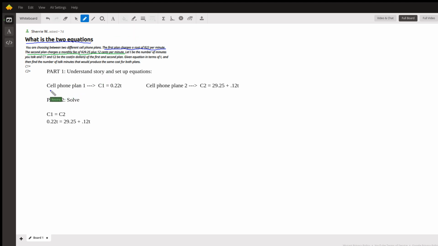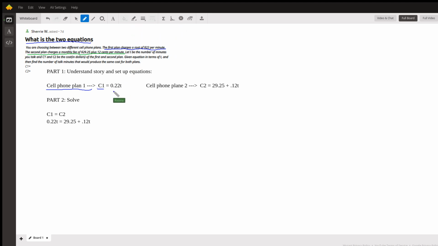So if we are looking at cell phone plan number one, we're going to call that C1. So these letters represent just cell phone plan number one. In math, we like to abbreviate things, label our unknowns with letters. So that's all that means. What do we know about cell phone plan number one?